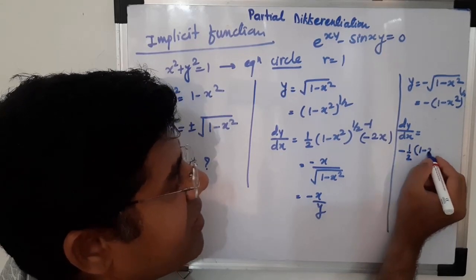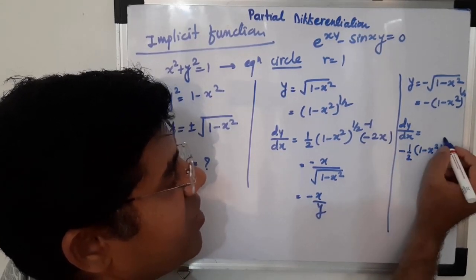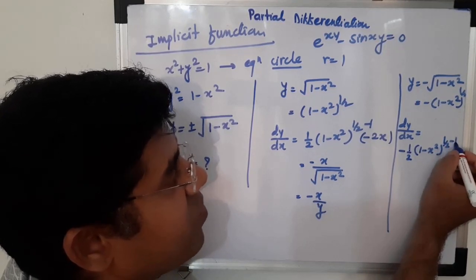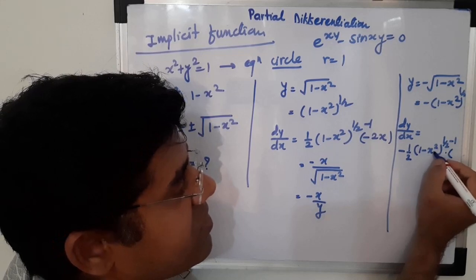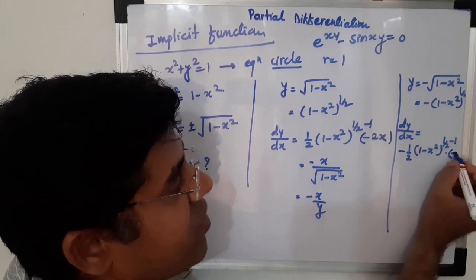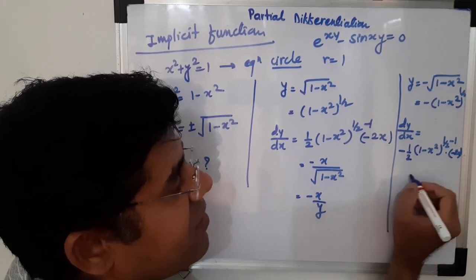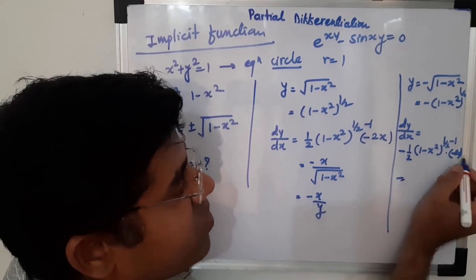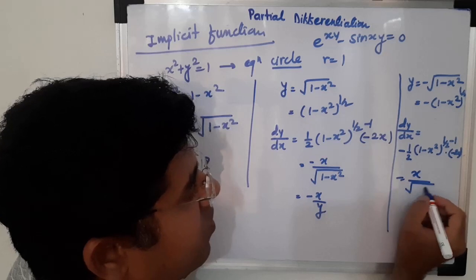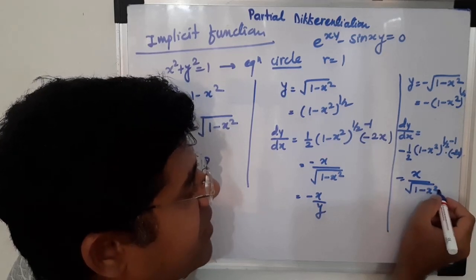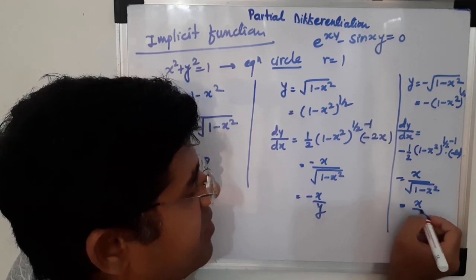This is 1 minus x square raised to half minus 1, into the derivative of minus x square, which is minus twice x. So minus minus becomes plus, and the 2 gets cancelled. So x upon under root of 1 minus x square, and you get x divided by y.